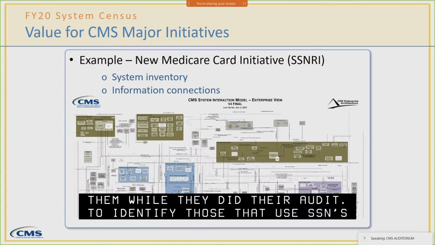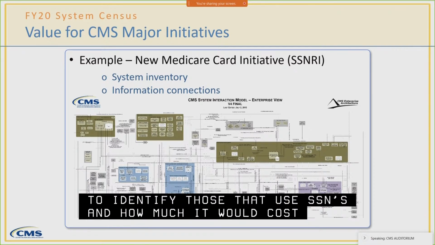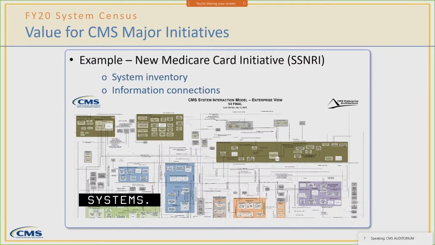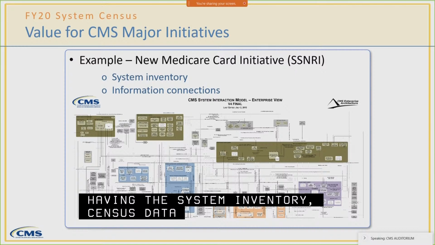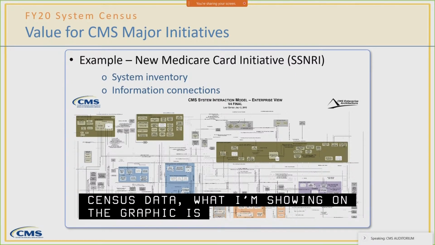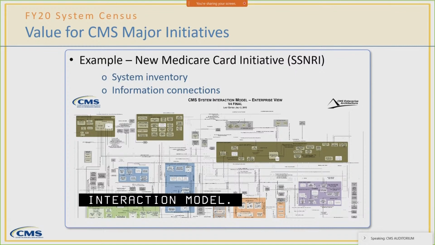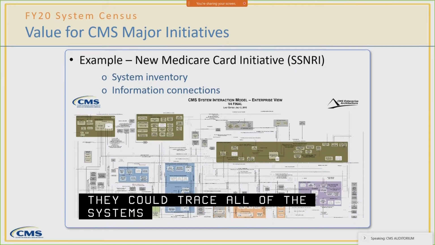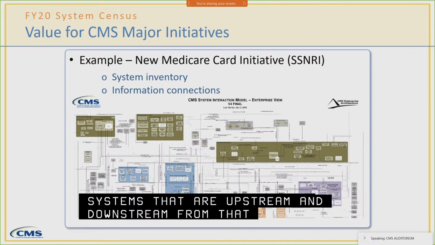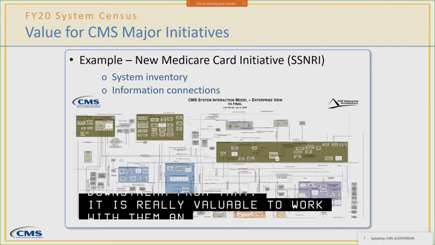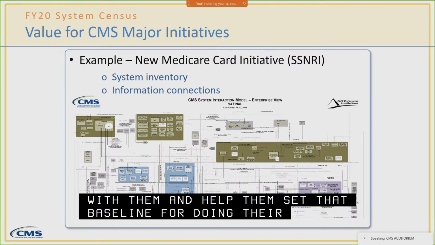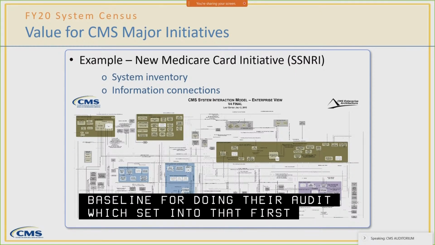Having the system inventory, the census data, and the connections between systems, which is what I'm showing on the graphic here, our system interaction model of all the systems and all the 1,300 connections we've documented between them, they could trace, when they found a system that has SSN, Social Security number, all the systems upstream and downstream from that. It was really valuable to help them set that baseline for their audit, which then fed into that first major budget request for paying for the cost of removing SSNs.